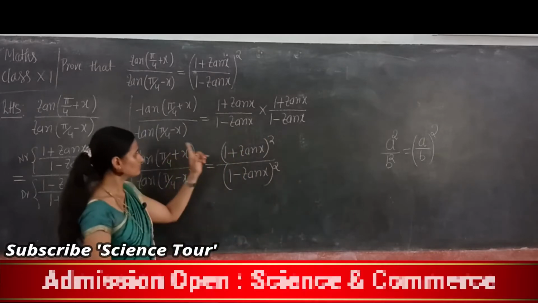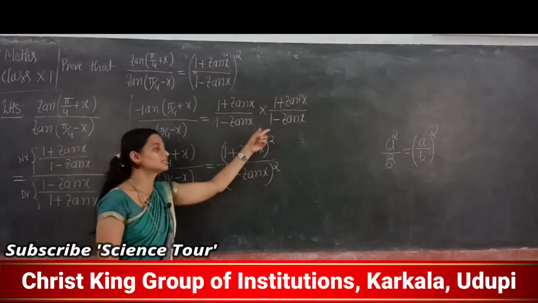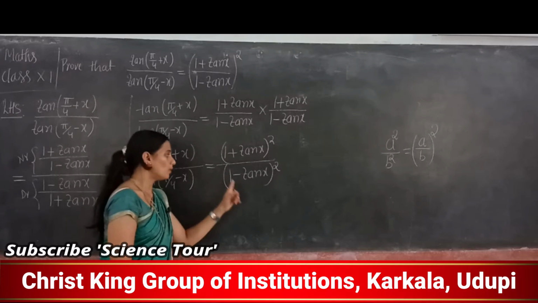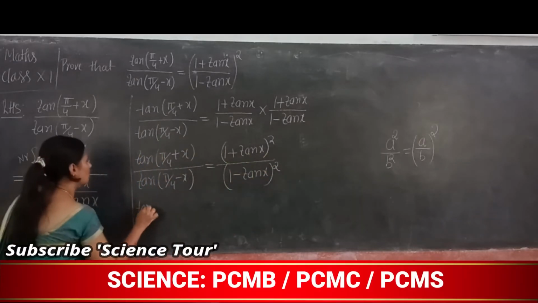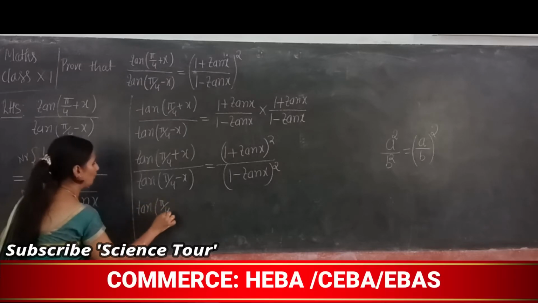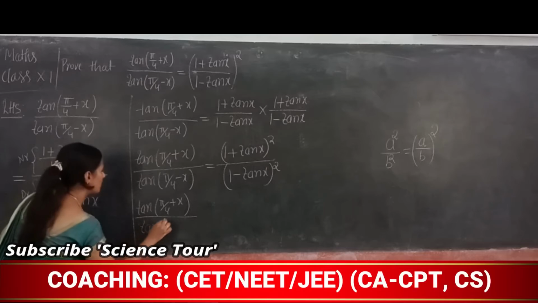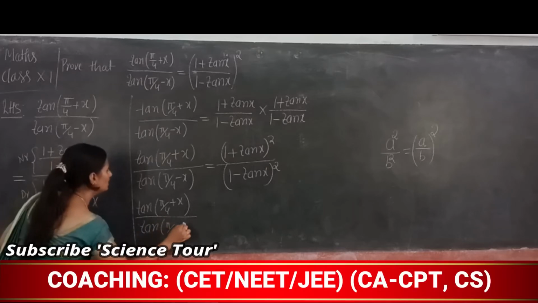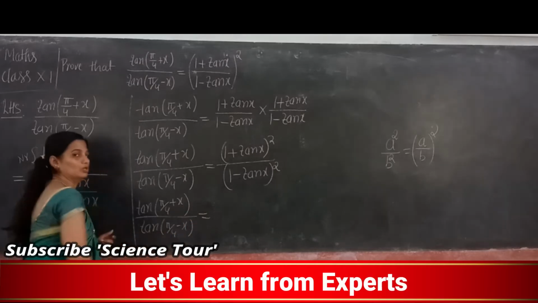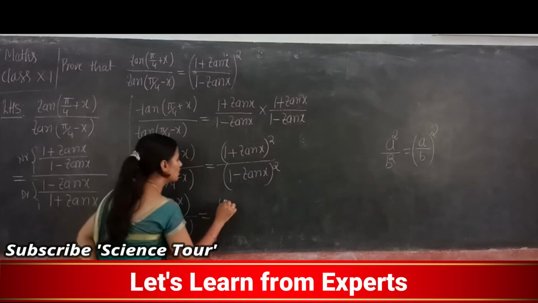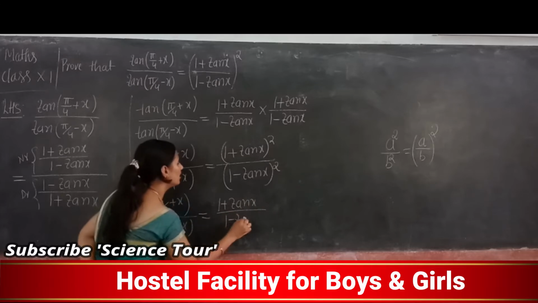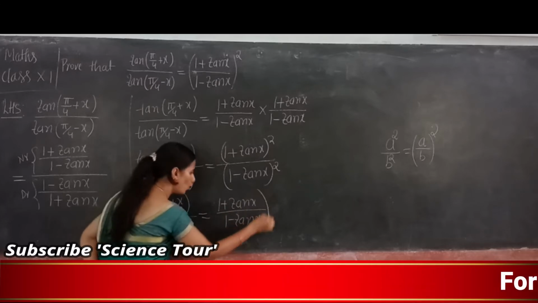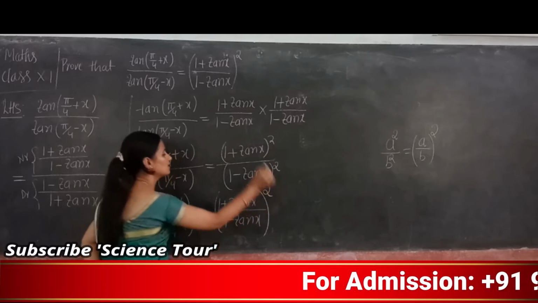So now (1 + tan x) square divided by (1 − tan x) square, that is tan(π/4 + x) divided by tan(π/4 − x), is equal to ((1 + tan x)/(1 − tan x)) whole square.